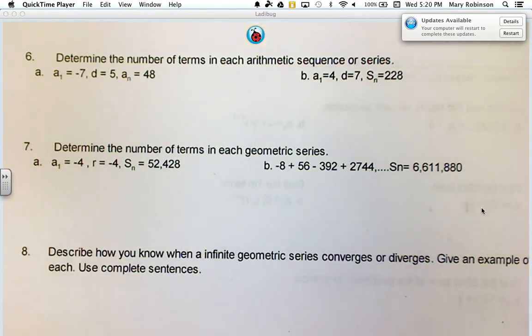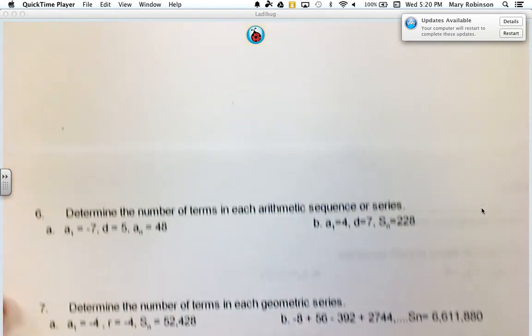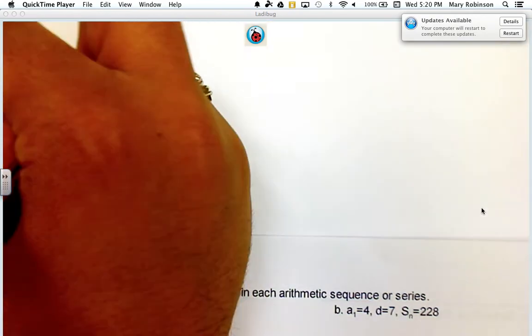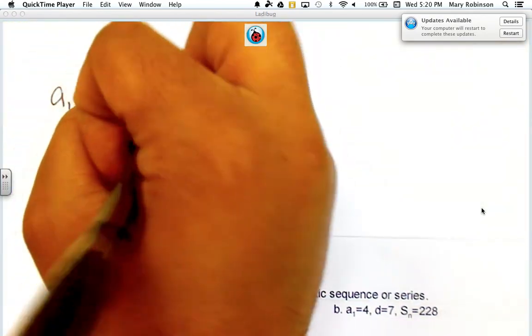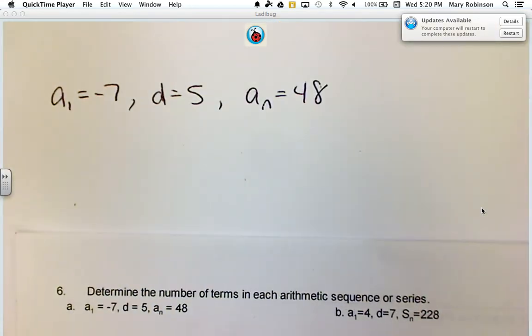Since we're given the nth term, we're going to use the explicit formula, a sub n equals. D is always your common difference. So we're given a sub 1 equals -7, D equals 5, and a sub n equals 48.